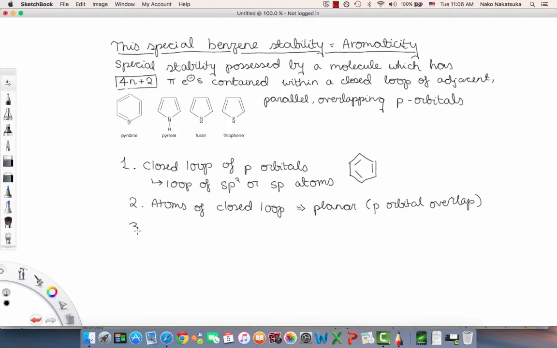And number 3, the closed loop must contain 2, 6, 10, 14 pi electrons. And this is called Huckel's rule.